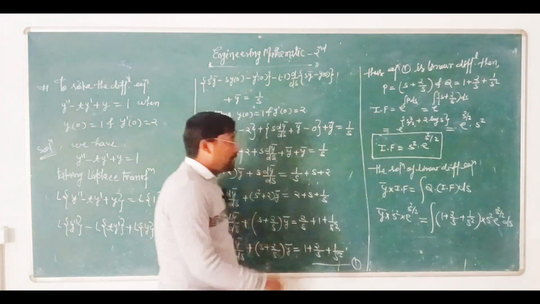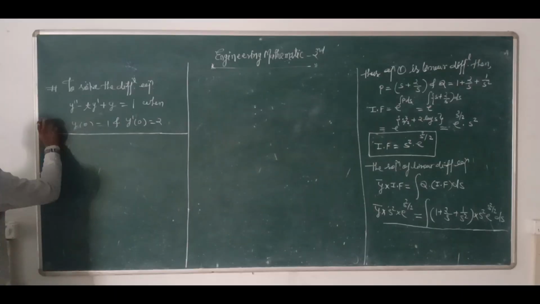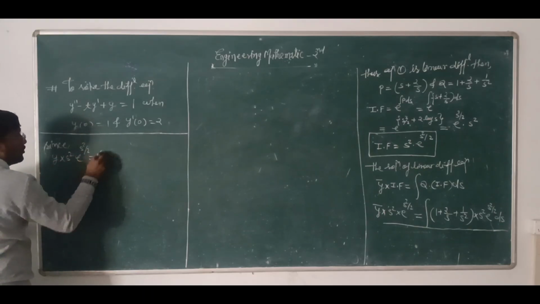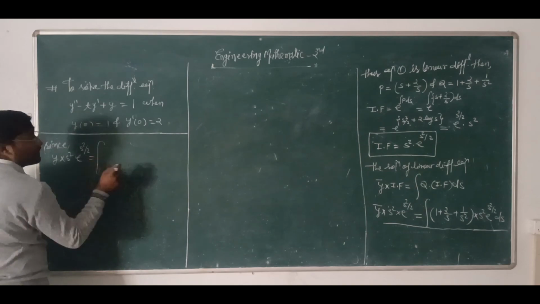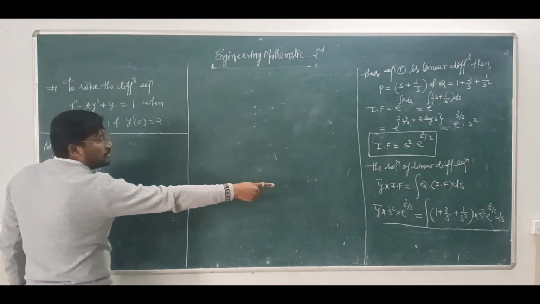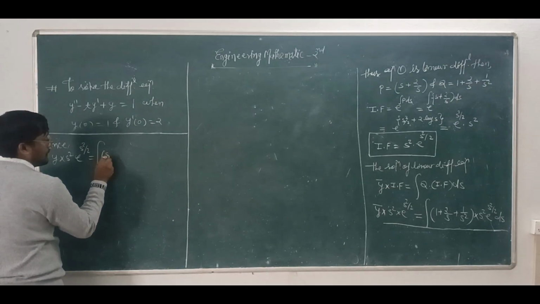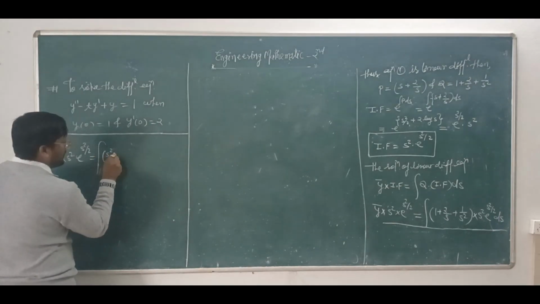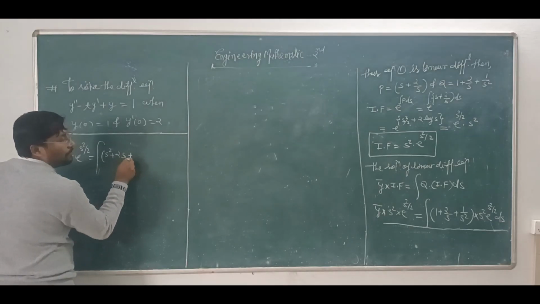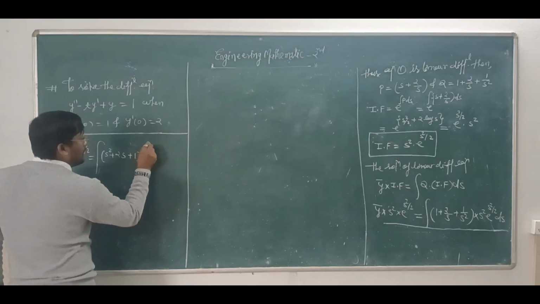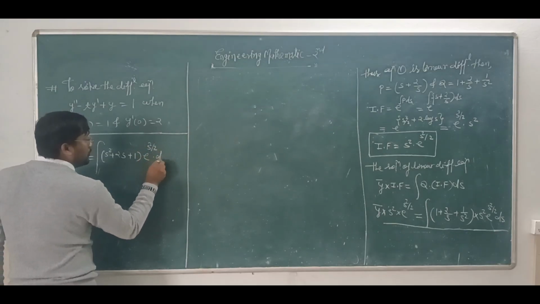Now you can write this. Please note down. Since y into s square e to the power s square by 2 is equal to integral, multiplying by the function s square, this means s square plus 2s plus 1 into e to the power s square by 2 into ds.